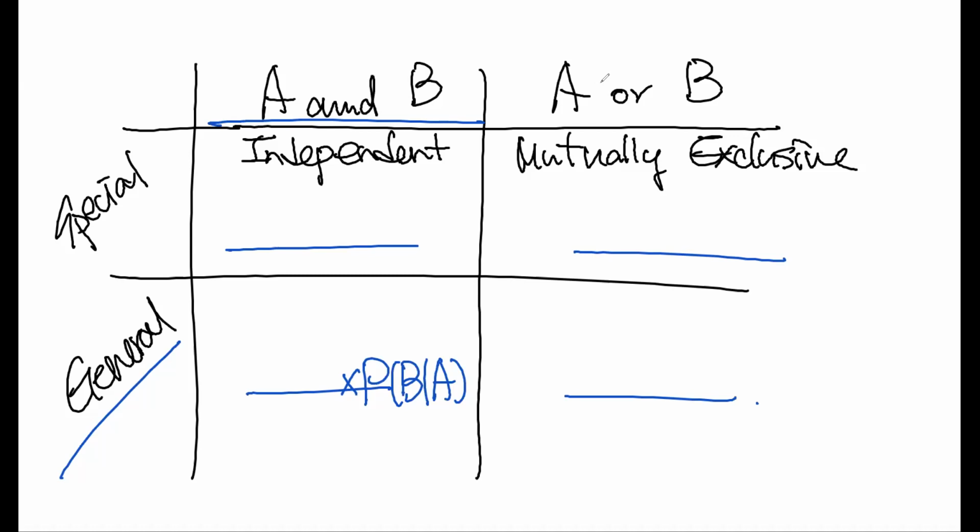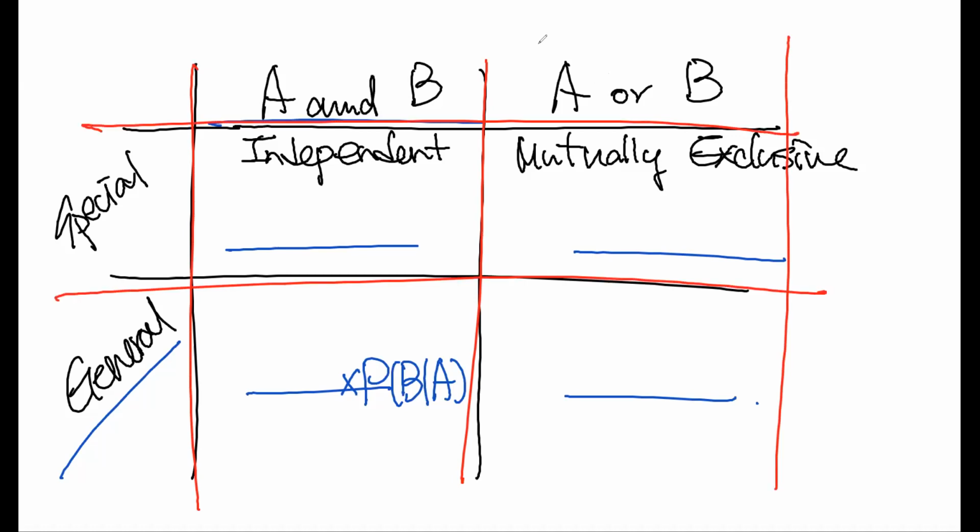So basically we have two big topics, right? And case by case, when they're independent, when they're mutually exclusive. So please make a big table and add the topics, the cases, one by one, and add more details. Then you can make the summary of chapter 4.